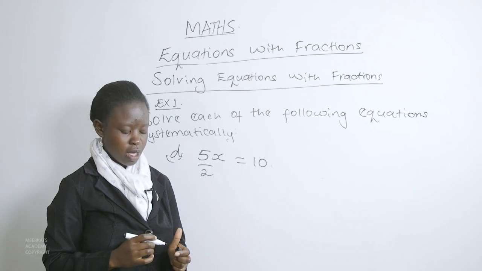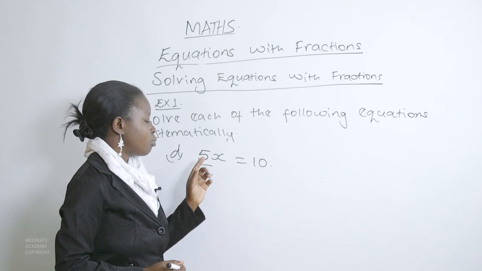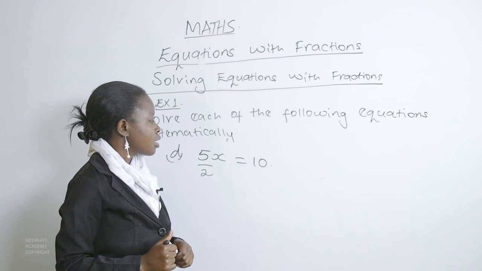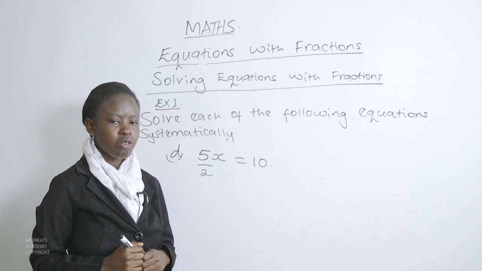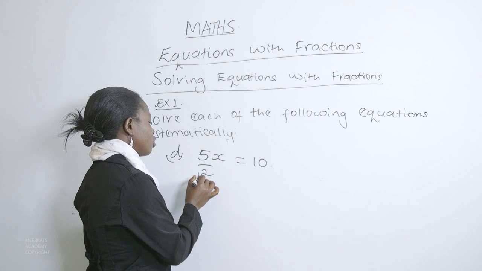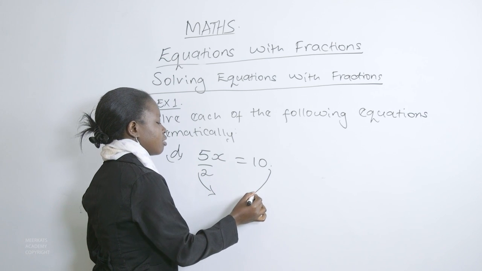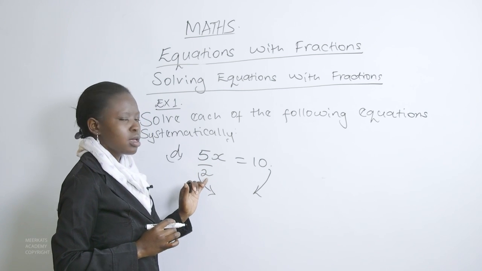Another example we have is 5x over 2 is equal to 10. Our pronumeral in this case is x, and we need to get the value of x. So for us to get the value of x, the first step is multiply by the denominator on both sides. The denominator of our fraction in this case is 2.